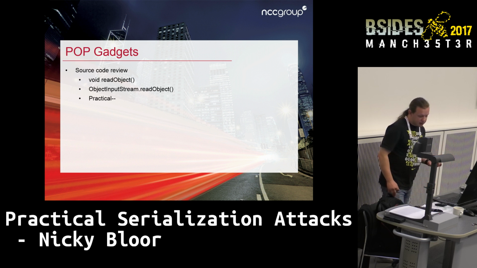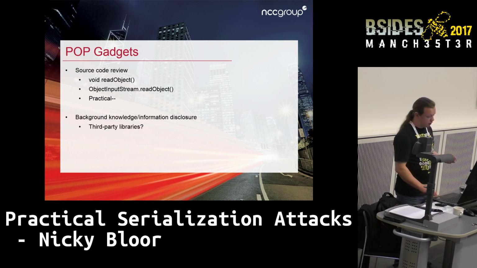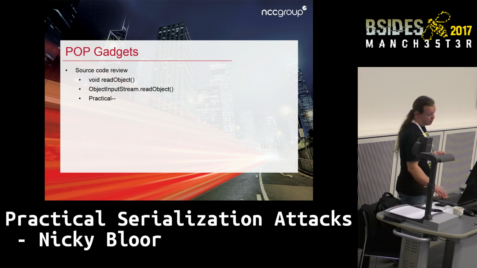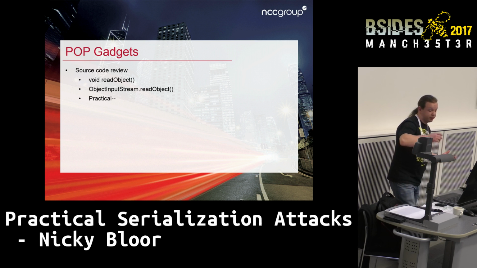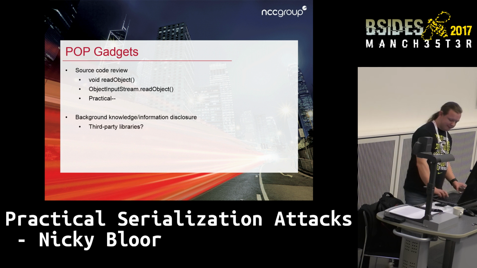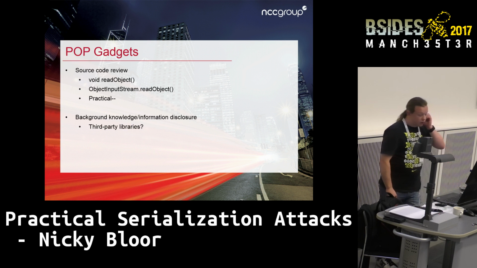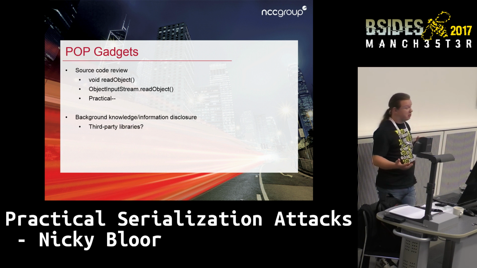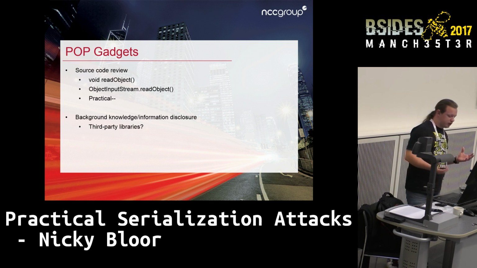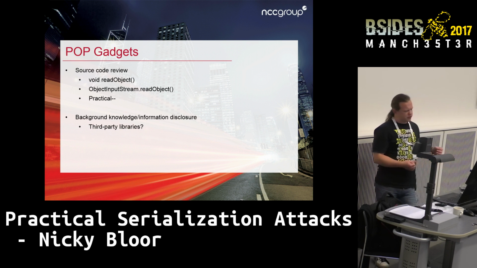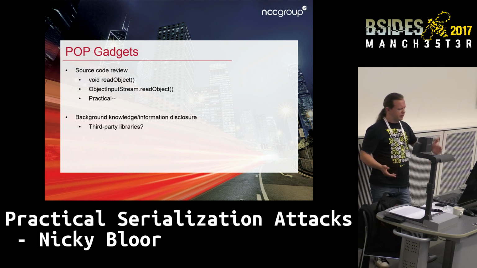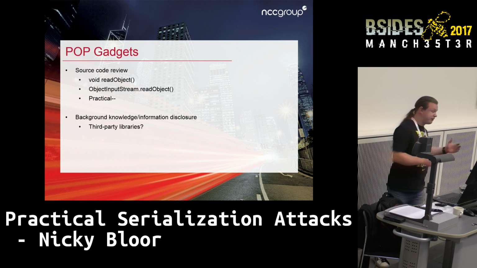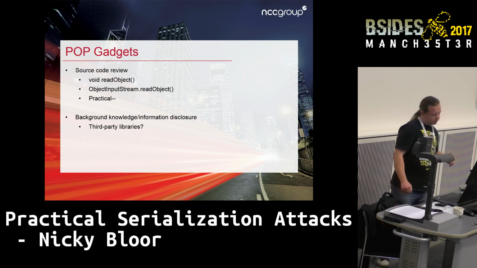So we're going to use essentially ysoserial. We're going to target common libraries. The first thing that we need to do is work out what libraries are there. What libraries can we attack? Because ysoserial has payloads for maybe, I don't know, 15 or 20 different libraries.